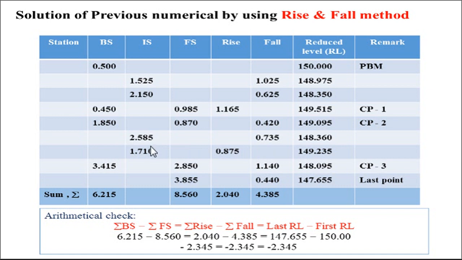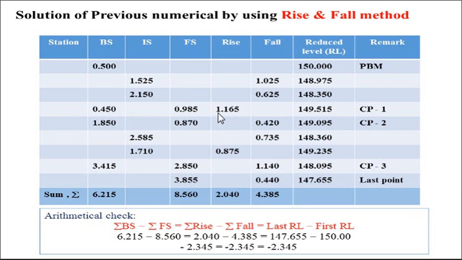Then the next two readings: this is more, this is less, so we get a positive value, so there will be a rise. Then the next pair, 1.71 and 2.85: this is less, this is more, so the negative sign means a fall. And lastly we compare 3.41 and 3.855, so again there is a fall, and we enter the fall in this way.